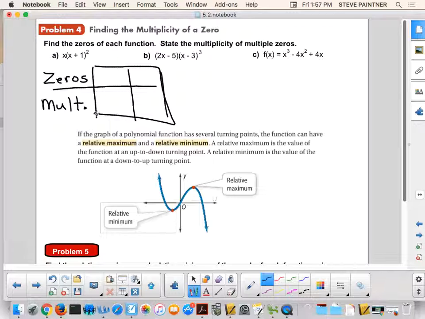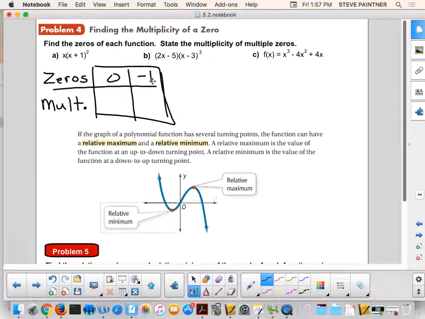All right, you ready? Look at that function. Tyler, can you give me the zeros? 0 and -1. Okay, 0 and -1, says Tyler. Is he right? Yes, he got the zeros right. Give me the multiplicity of this number.